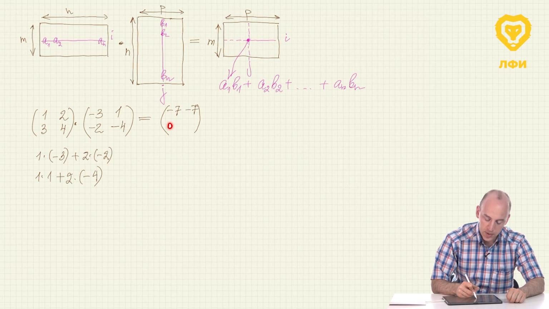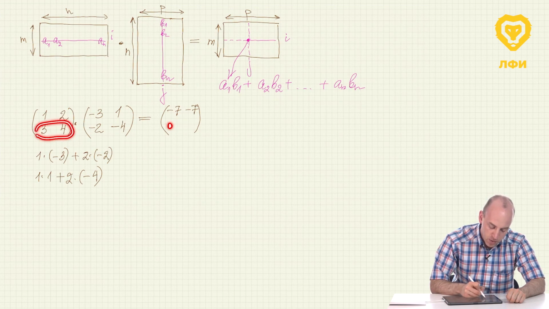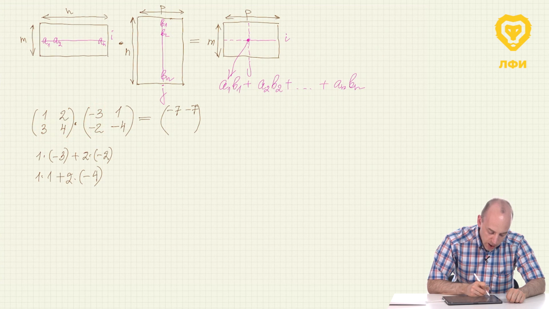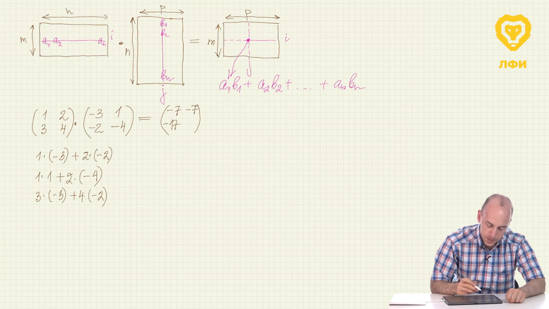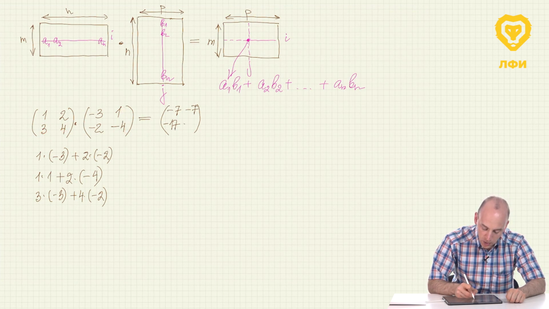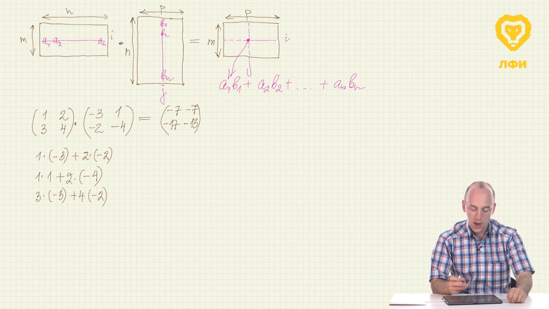Okay, to find the element in the second row and first column, we multiply the row by the column, and we get 3 times -3 plus 4 times -2, that is -9 - 8, which is -17. And for the final element, we take the second row and the second column, and let's see how much we get. We have 3 times 1, which is 3, and 4 times -4, which is -16, and the total is -13. And this is the product of the two matrices.